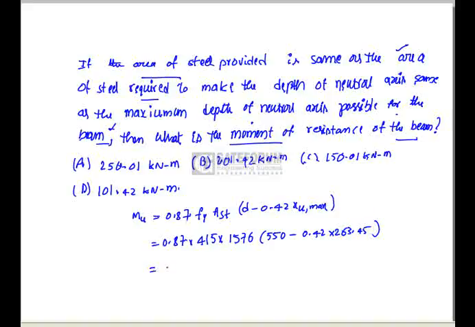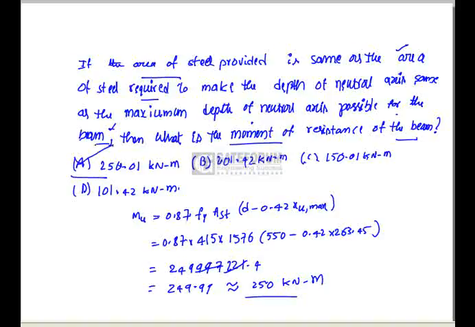The value is 249997221.4 Newton millimeter. Converting three digits for Newton to kilonewton and three digits for millimeter to meter, 249.99, it is approximately 250 kilonewton meter is the answer. So option A is correct.